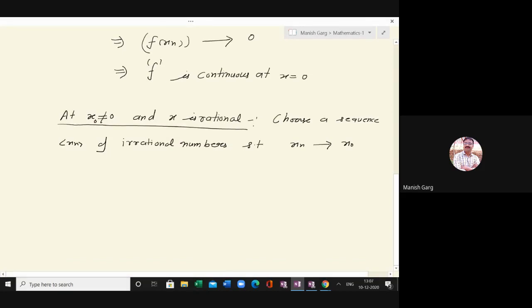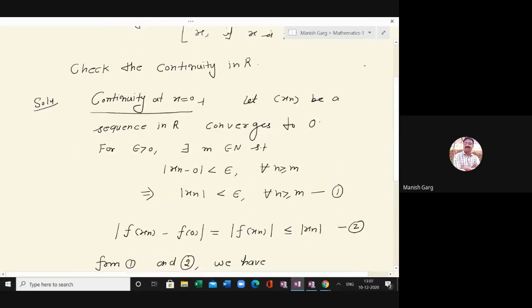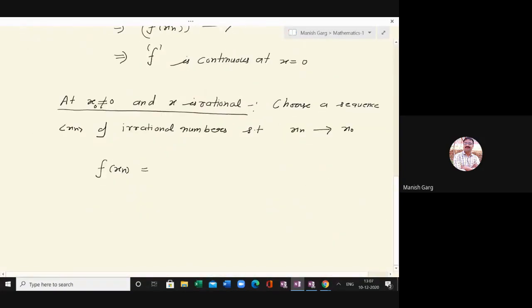So now you need to check whether f(xn) converges to f(x naught) or not. What is f(xn)? xn is irrational, so by the function it will be x, so this will be xn.